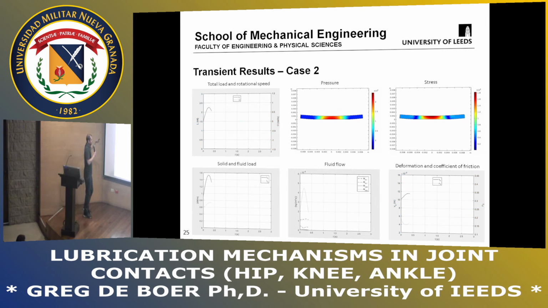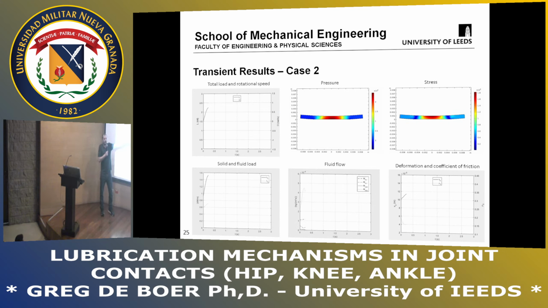So this is the first transient case that's important. Here, the speed of the problem is being held constant, and the load is varying sinusoidally. So it's rotating at constant speed this way, but the load is being varied up and down. And you can see as the load increases and decreases, that we generate stresses and pressures, but note that the pressure changes a lot faster than the stress does.